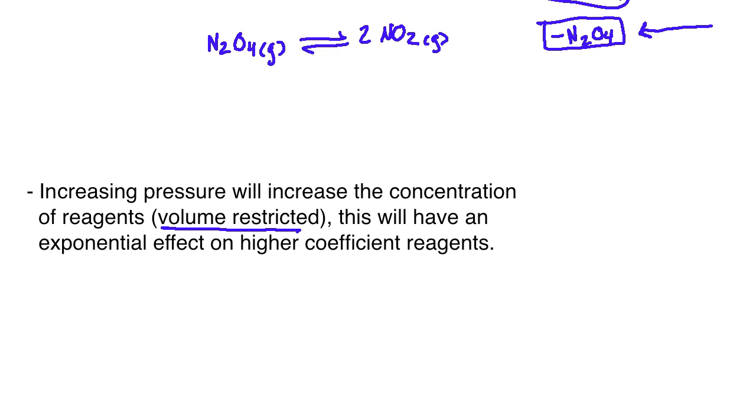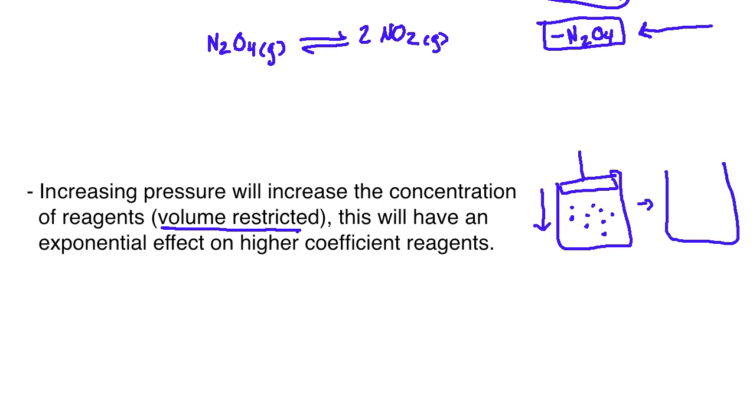So let's take one step at a time when we're looking at this. I have some vessel with the reagents, right? And let's say that I have some sort of a piston here that I can move up and down. So here are the gas reagents. They're hanging out in here. They have a certain volume that they occupy. If I increase the pressure, which is going to decrease the volume, right? So now I take a look at this again, and let's say that I brought the piston down here.